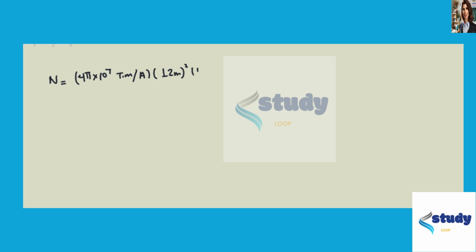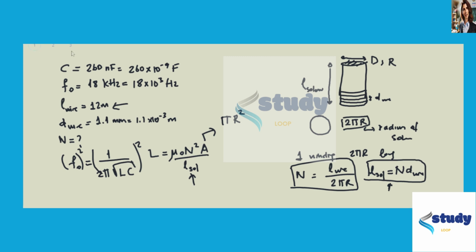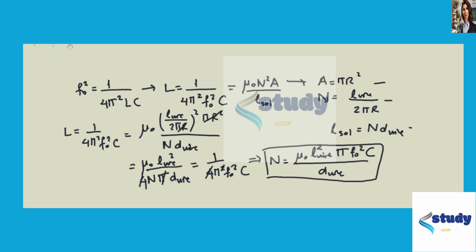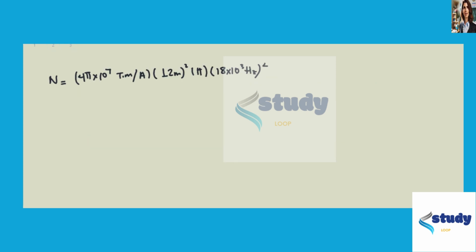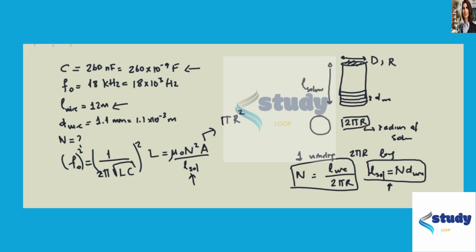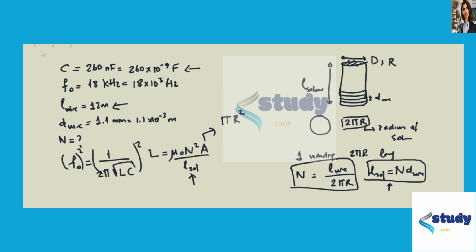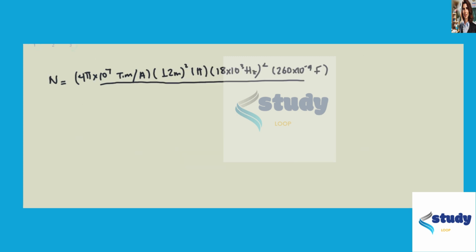Then we have pi, and F naught, which is 18 times 10 to the power of 3 hertz, squared, times the capacitance, 260 times 10 to the power of negative 9 farads, over the diameter of the wire, 1.1 times 10 to the power of negative 3 meters.